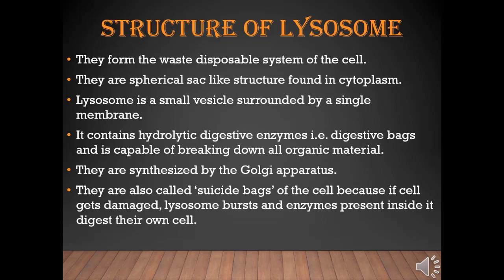They are spherical sac-like structures found in the cytoplasm. A lysosome is a small vesicle surrounded by a single membrane. It contains hydrolytic digestive enzymes, that is, digestive bags, and is capable of breaking down all organic material.